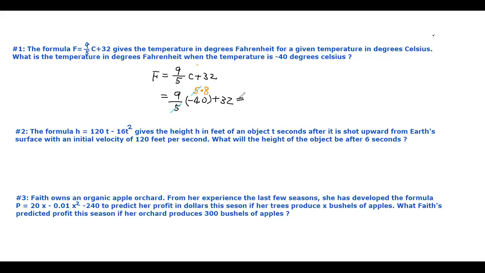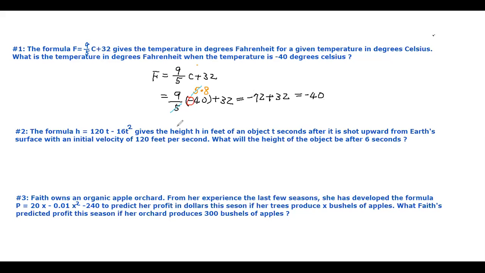So I have 8 times 9, and don't forget the negative sign. The first term is 8 times 9, which is negative 72, plus 32. So it's equal to negative 40 Fahrenheit. Even if you give a Celsius of negative 40, the Fahrenheit is negative 40. It's very unique.